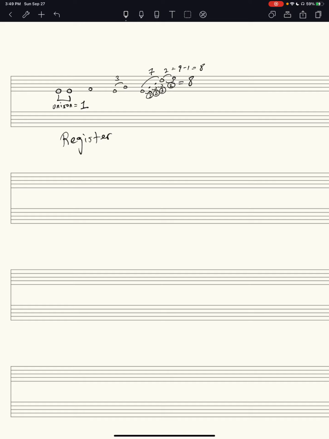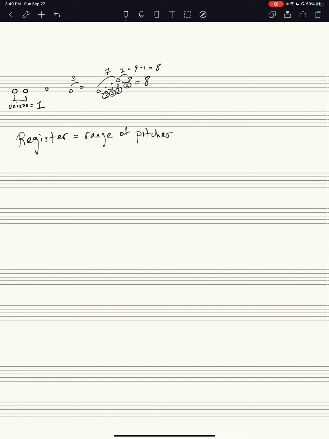A register is a range of pitches. Now, the way that this has been applied so far is, you might remember, I showed you that from the lowest note head, lowest meaning, because remember, as you move down the staff, it represents a lower pitch on the keyboard than, for example, something all the way at the top of the staff.